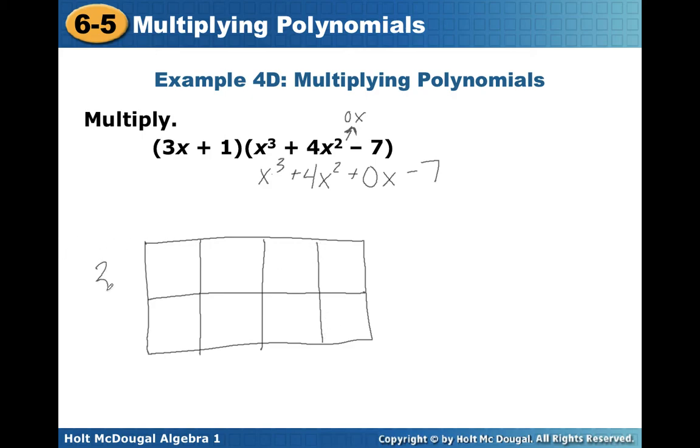Okay, so we have 3x and 1, x cubed, 4x squared, 0x, and negative 7. And then we simply just fill in these boxes.